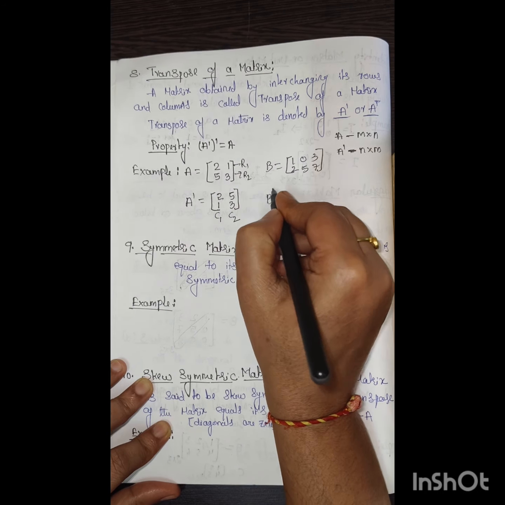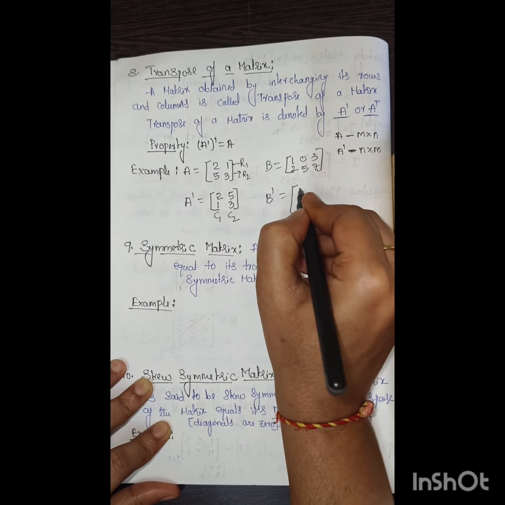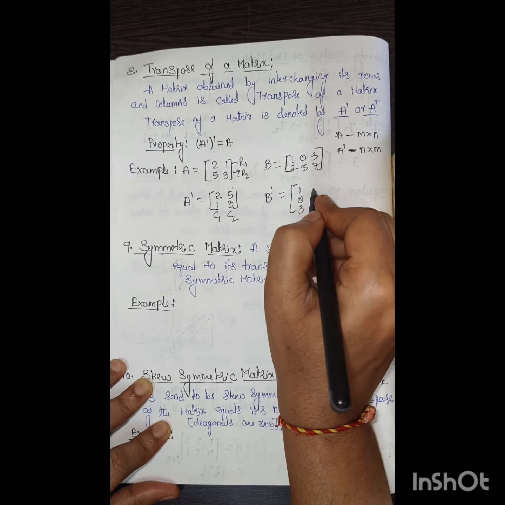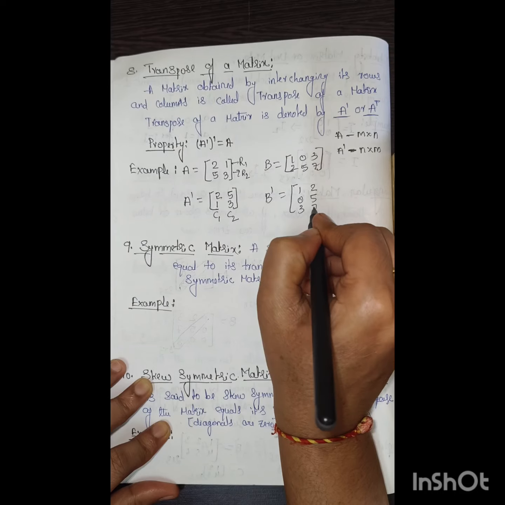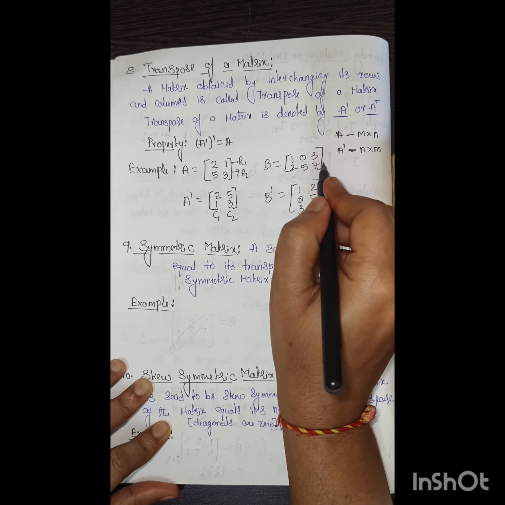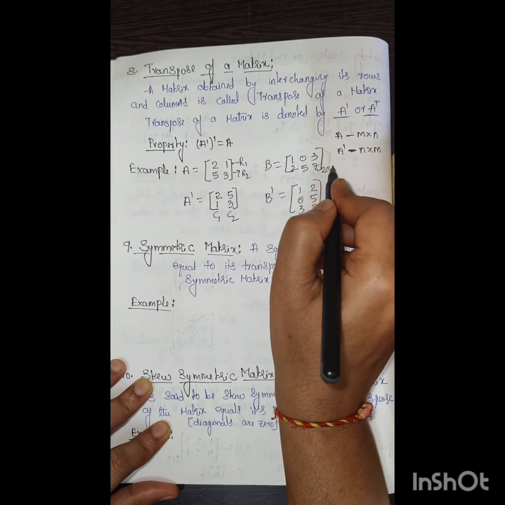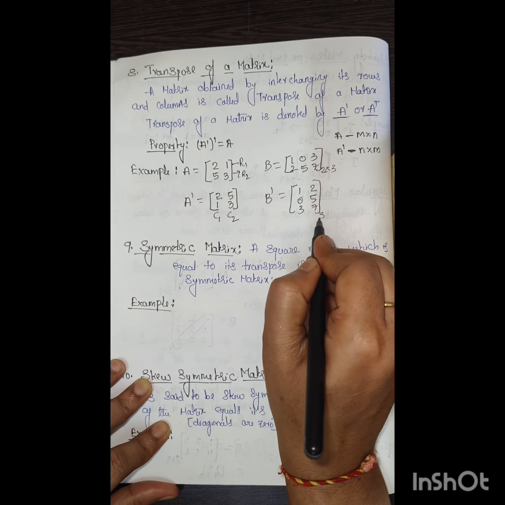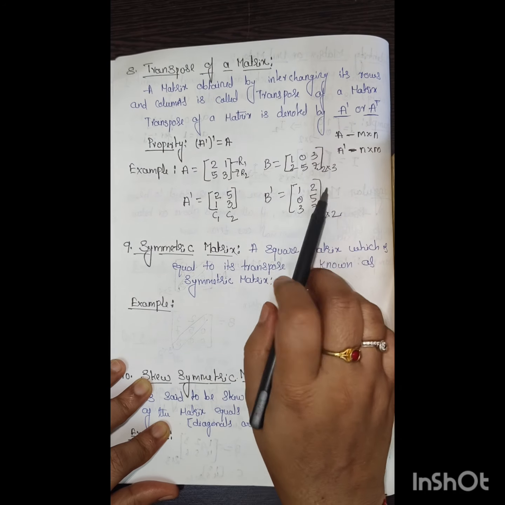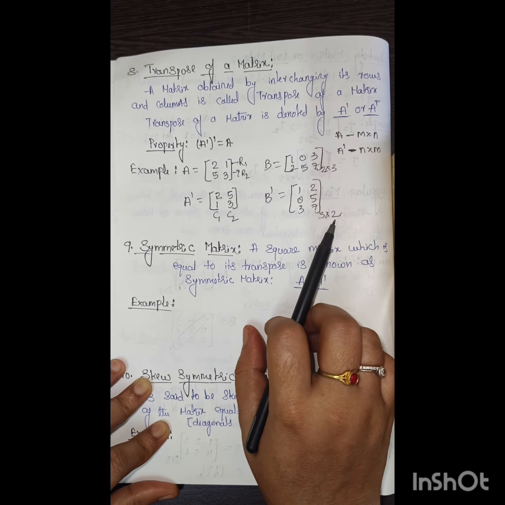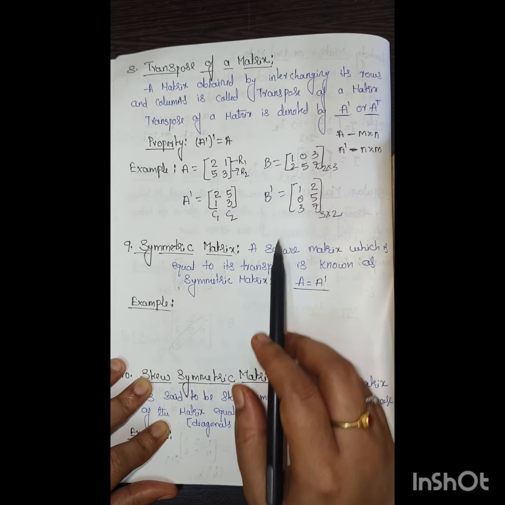So B dash will become 1, 0, 3, 2, 5, 7. What is the order of this one? It has 2 rows, 3 columns. Now it becomes 3 rows and 2 columns. Rows are interchanged to columns. It's called the transpose of the matrix.